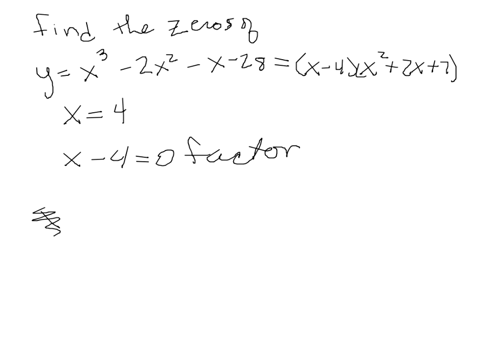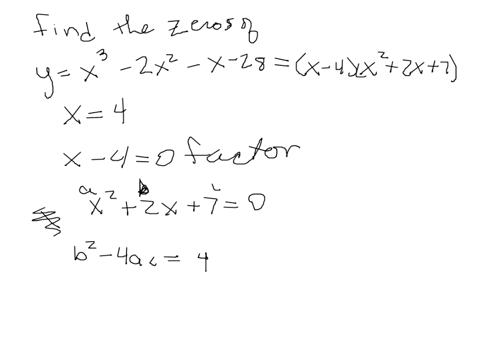Okay, so this doesn't really look like it factors. So I'm going to look at this factor. The other zeros are going to come from the zeros of this factor. Okay, I'm going to do the quadratic formula. So I start off by looking at the discriminant, b squared minus 4ac. So there's a, b, and c.